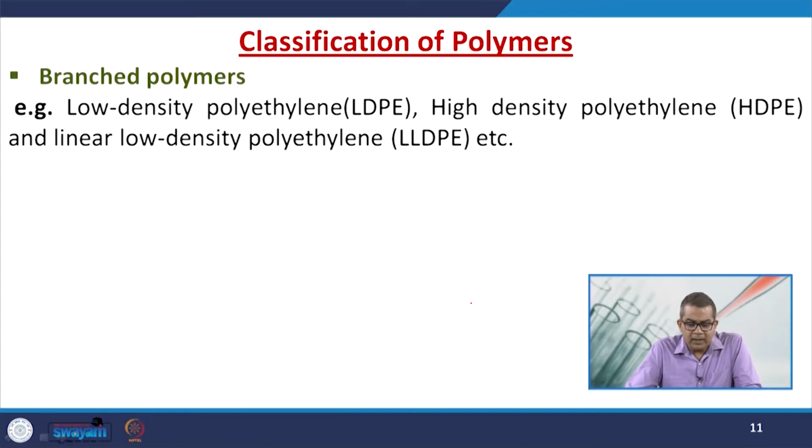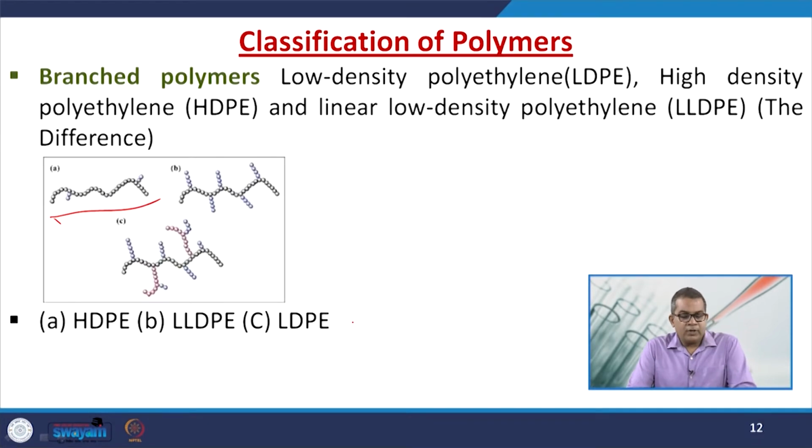Now, one of the best examples which we discussed is LDPE, high density polyethylene, or linear low density polyethylene. We are discussing that there are three different types of polyethylenes: low density polyethylene, high density polyethylene, and linear low density polyethylene. So, the monomer for each kind of polymer is ethylene. Now, we can form different types of polymeric products by the application of various polymerization protocols, like HDPE, then LDPE or LLDPE.